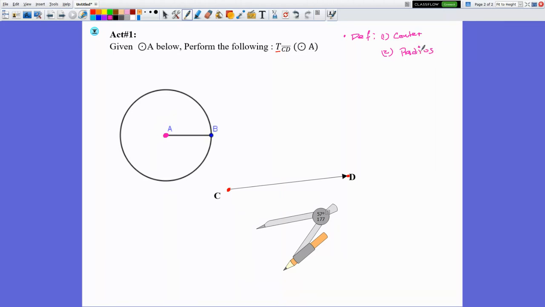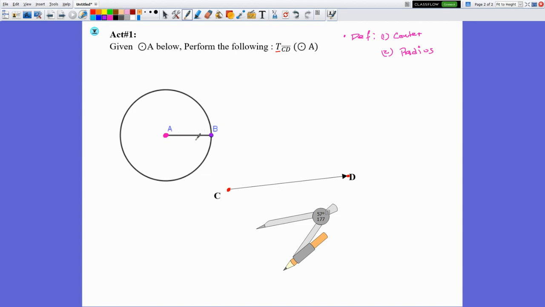But what do we need to define the radius? Well, to define the radius, we need the center and a point on the circle. Because this way, notice that here we can say that, well, here's my center. And now my radius is just the distance of those 2 points. In order to define this distance, I need a second point. So to perform a construction over a circle, all we need is the center and a point on the circle.